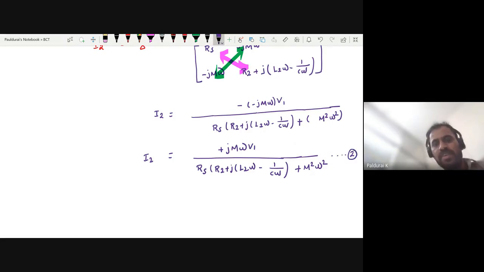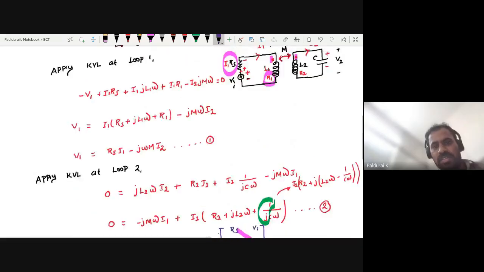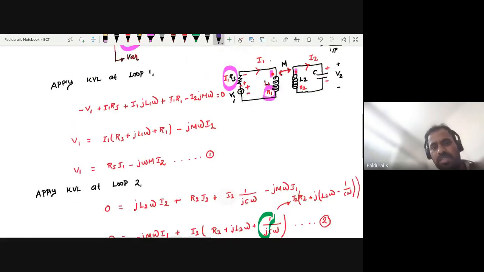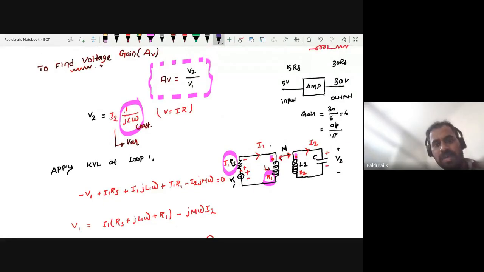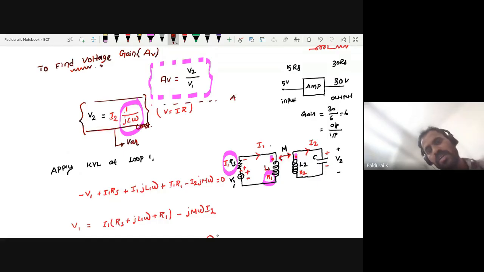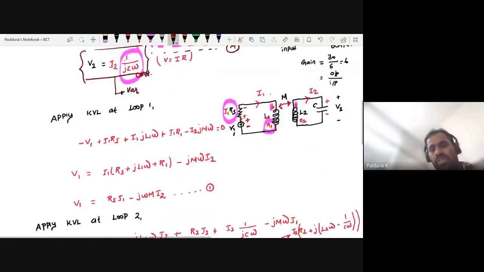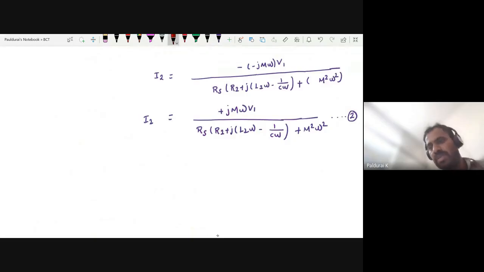Already we are having equation number 1. Okay, let's take 1 to 3. Or otherwise take, where is my v2? v2 is here, isn't it? This is my equation, right? v2 equals I2 times 1 divided by j c omega, take this as equation number 3. Now substitute equation number 3 in a.